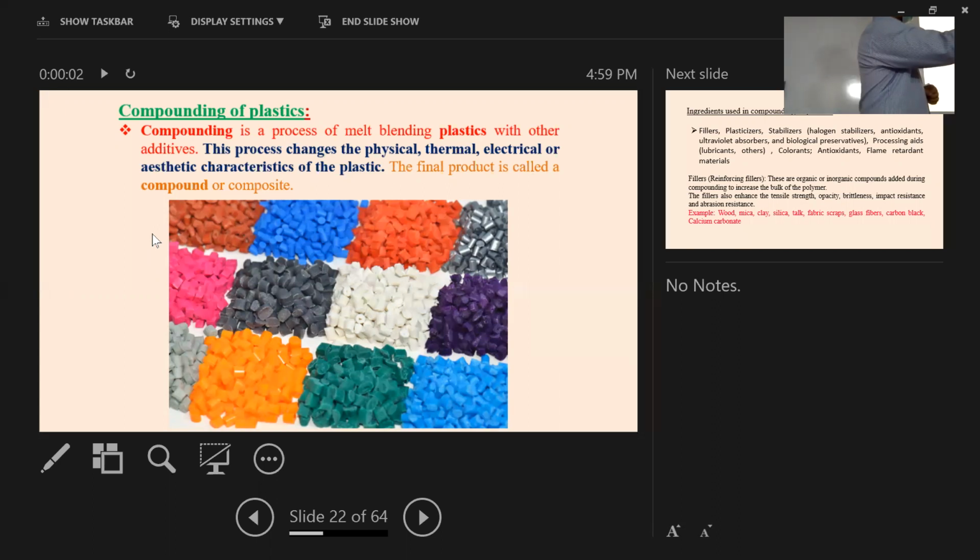So this process changes the physical, thermal properties. Some of the polymer materials can be heated to very high temperatures. Some of them can survive up to 3000 degrees Celsius. That means sometimes you can have resin. You are familiar with the word resin?